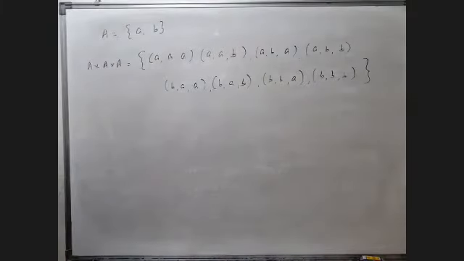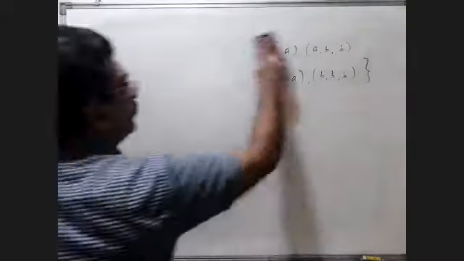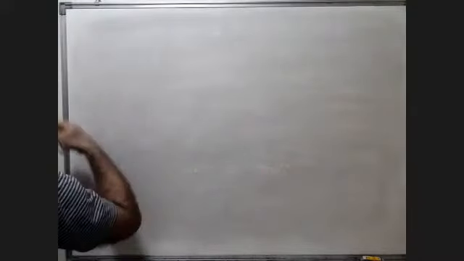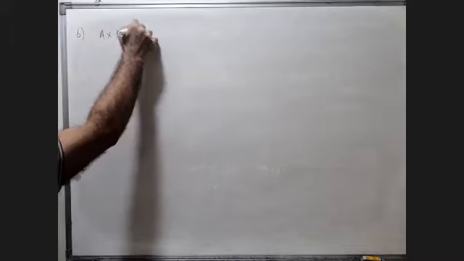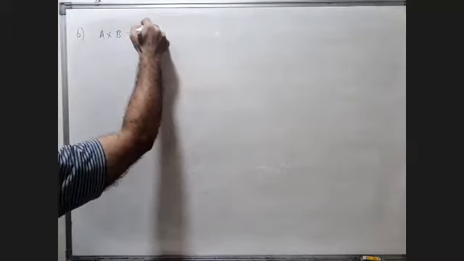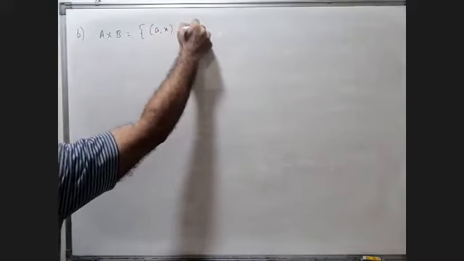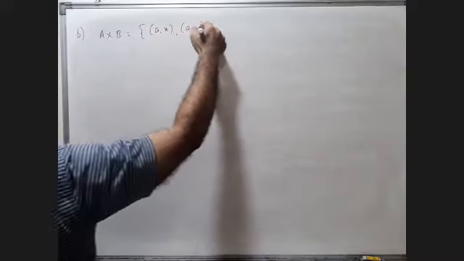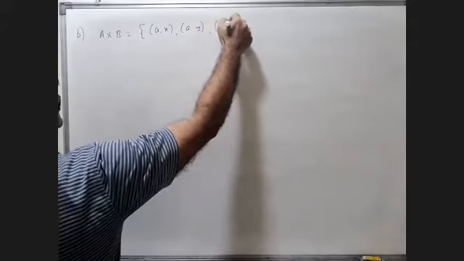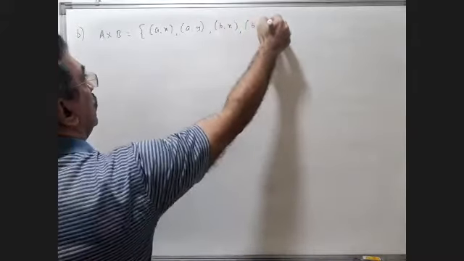Now question number 6. Yeah, that's an easy one. Again, question number 6, A cross B is given. A cross B is the set of ordered pairs AX, AY, BX, and BY.